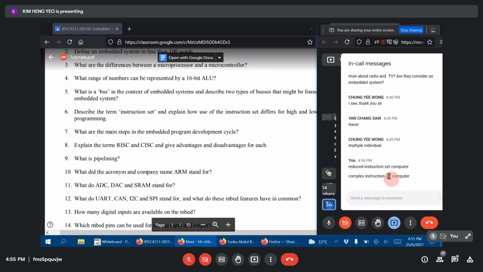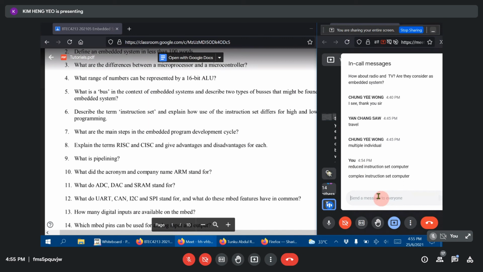So in the old days, computers that are capable of executing a small set of instructions, you call that reduced instruction set computer. Example is your PIC microcontroller. PIC microcontroller can only execute 35 instructions. All 35 instructions are the same size, 14 bits, same size. ARM also makes reduced instruction set computer.